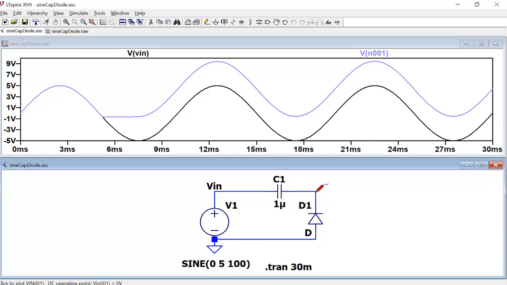The charges have no place to go. Cannot discharge it through to the ground. So just the DC offset will be moved up by 2.5 volts. By 5 volts, sorry, by 5 volts. Okay, and this is called a voltage doubler.